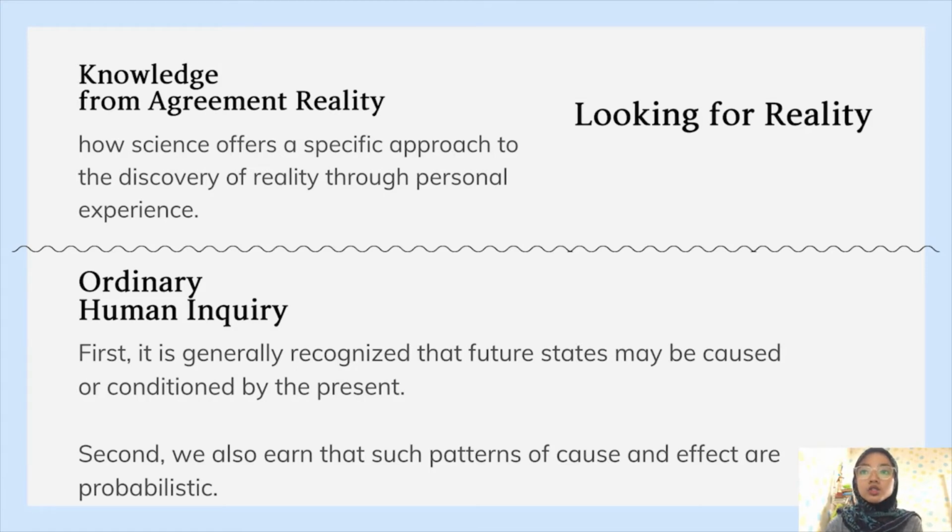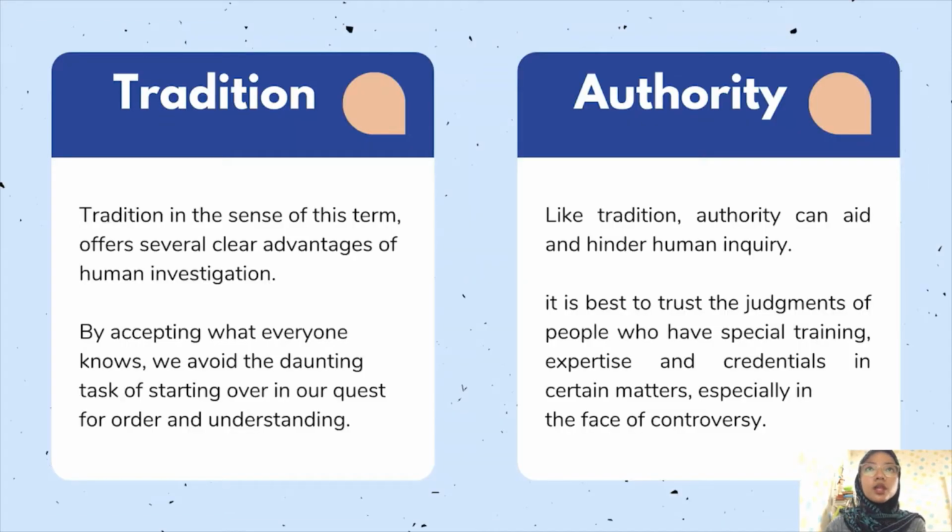Second, we also learn that such patterns of cause and effect are probabilistic. Tradition. Tradition, in this sense of the term, offers several clear advantages to human investigation. By accepting what everyone knows, we avoid the daunting task of starting over in our quest for order and understanding.